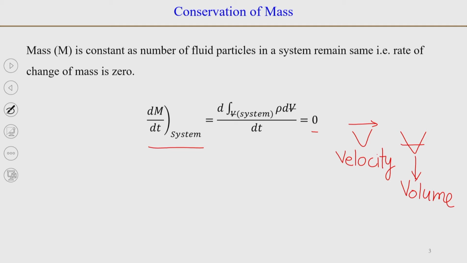If we have a small elemental volume dV, then the mass in that will be rho dV. If rho is not constant throughout the volume, then we need to integrate this over the control volume. So, d by dt of the integral over the control volume of rho dV is a differential form where we can consider the space dependent density in the system. That is basically the conservation of mass.